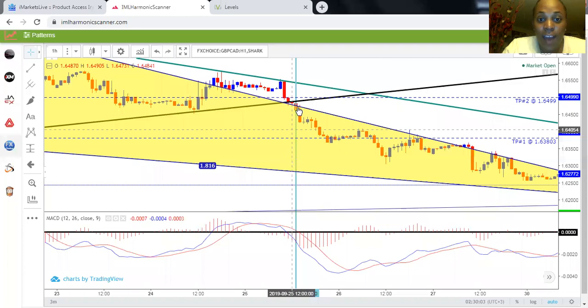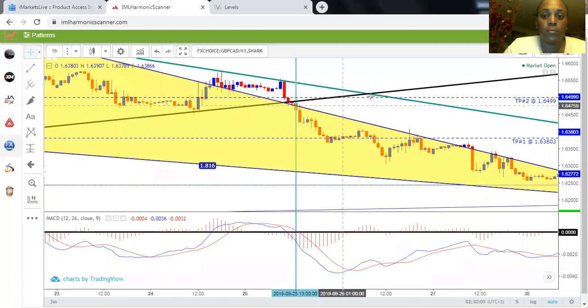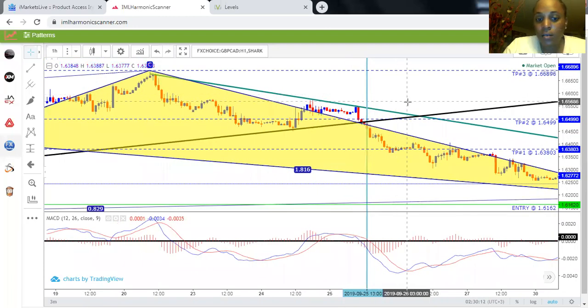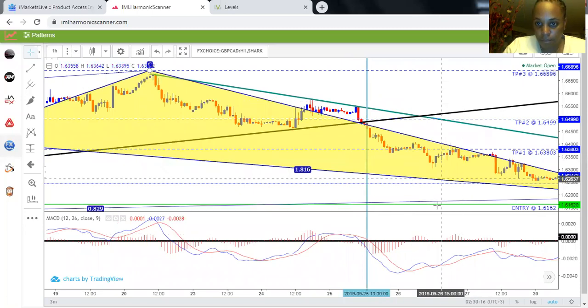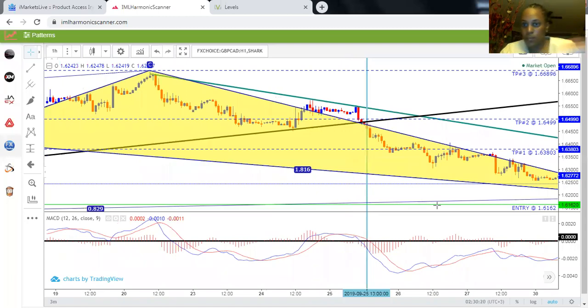So now that I have both confirmations, I can get into my trade for myself. Is this clear? Perfect.